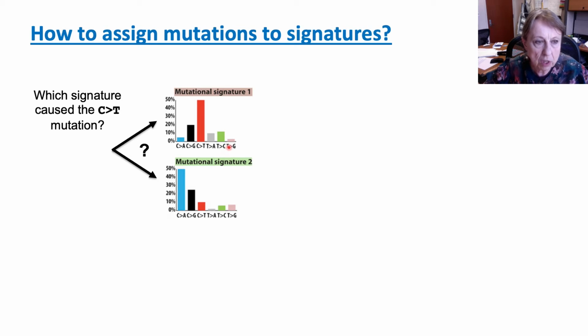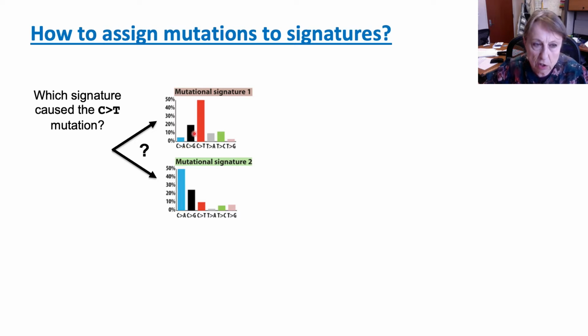That is, we know that the genome of a given patient contains with high confidence signature 1 and signature 2. And we ask the question, looking at a particular mutation from C to T, which of those 2 signatures generated that mutation? And that is not an easy question.